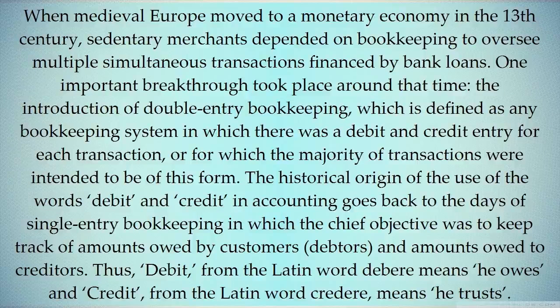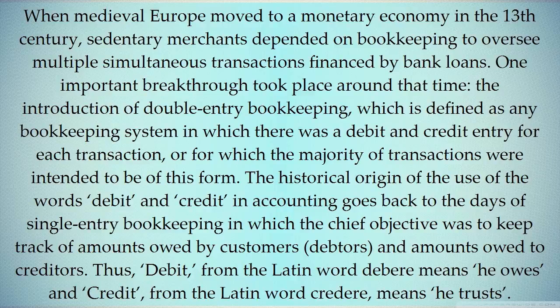When medieval Europe moved to a monetary economy in the 13th century, sedentary merchants depended on bookkeeping to oversee multiple simultaneous transactions financed by bank loans. One important breakthrough took place around that time: the introduction of double-entry bookkeeping, which is defined as any bookkeeping system in which there was a debit and credit entry for each transaction, or for which the majority of transactions were intended to be of this form.